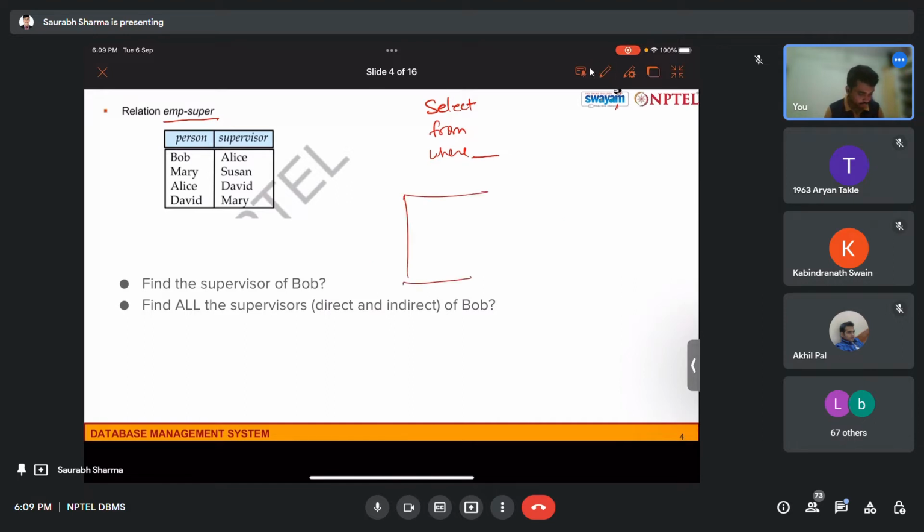So we have the table as person, supervisor: Bob, Mary; Alice, David; Alice, Susan; David, Mary. So we will perform a cross product between these two.